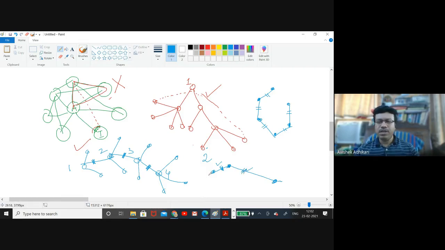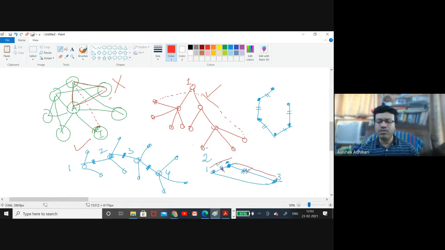For example, say I have a graph with vertices 1, 2, and 3, and I want to find the distance between 3 and 1. You check how many edges you travel to move from 3 to 1. If you take this path, you travel two edges, this and this.